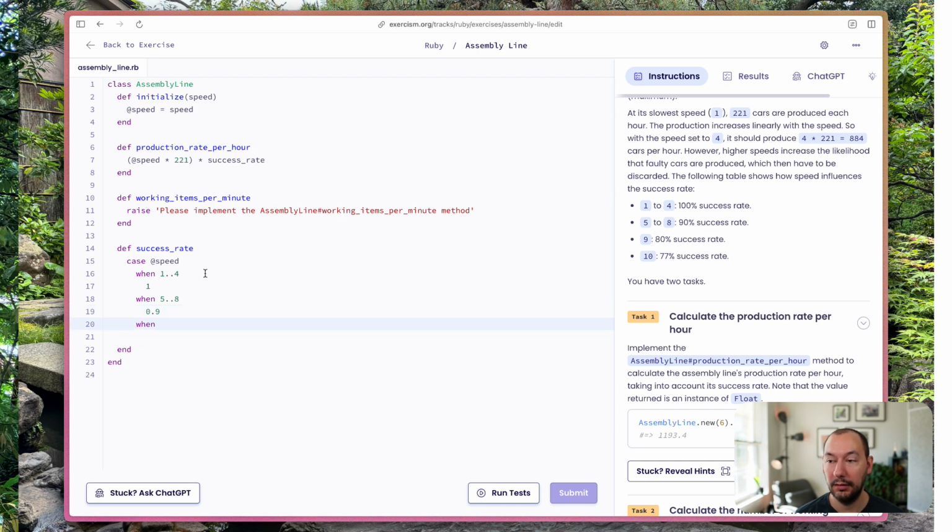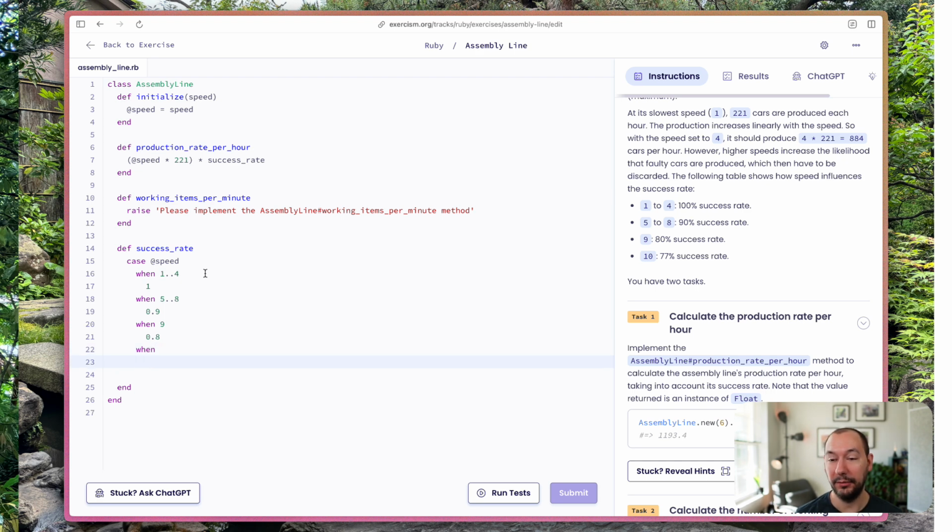When 9, we want 0.8. And else. So here we could either do an else for the default, but I don't really think default is right. Honestly, if you really were going to argue for a default, it would probably be your speeds 1 to 4 with 100% success rate.